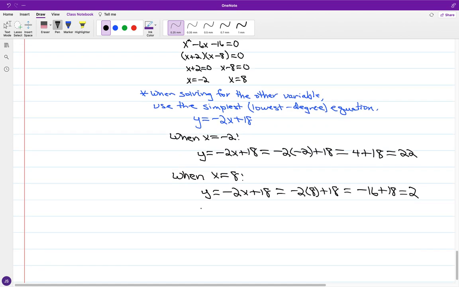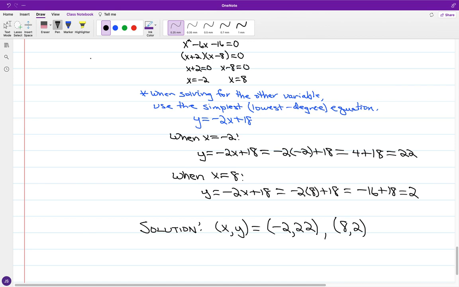So we have a couple of pairs of values here. For the solution, we'll have two distinct points, for x and y. One ordered pair solution has x equal to negative 2 and y equal to 22, and in the other scenario x is equal to 8 while y is equal to 2.